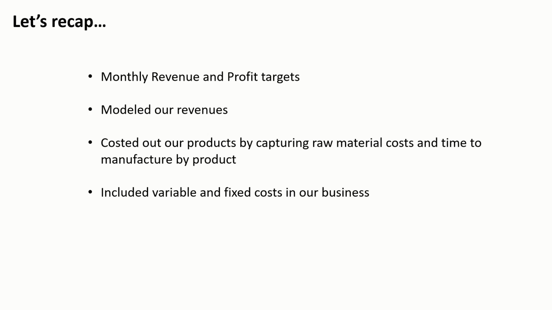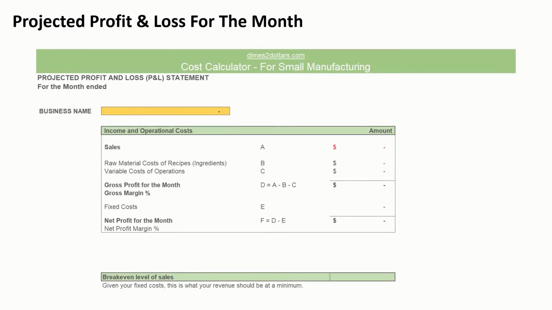Okay, now this last tab is going to help bring it all together for you. Here you'll be able to see the results of your business if you sold the quantities you said you will sell, and you've priced your products right after considering all your costs.